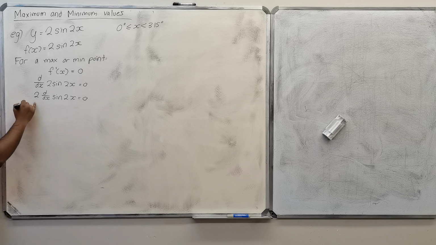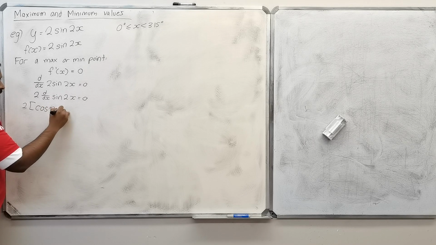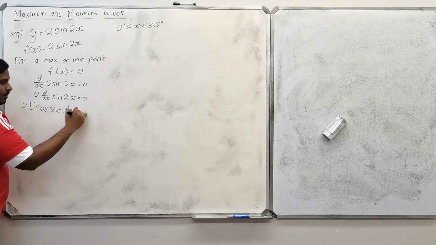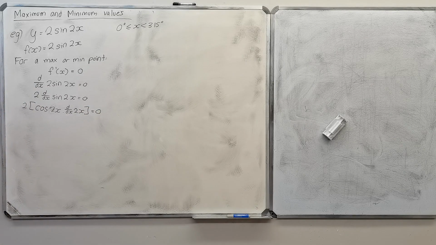So cos f of x is cos of 2x times d over dx of f of x.